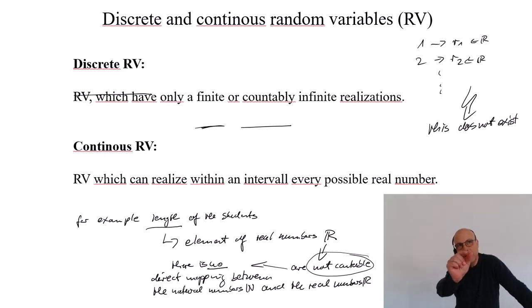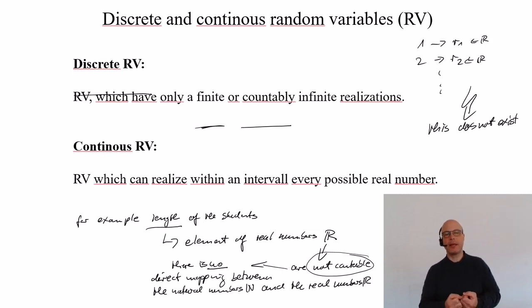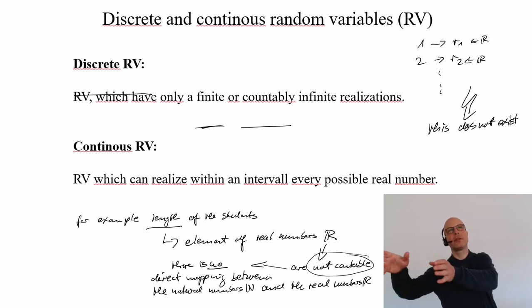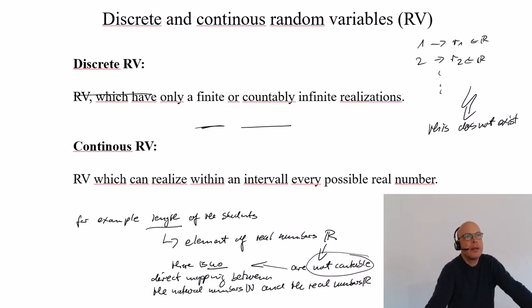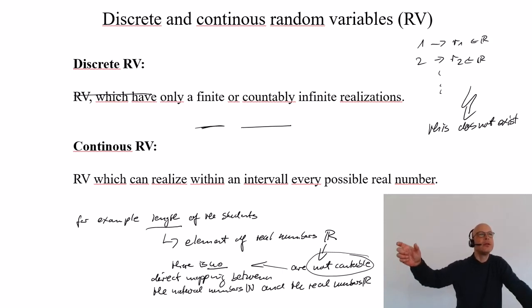Because it could be just slided away by 0.000001. So we cannot interpret anymore the probability of some guy which has the length of 172 centimeters. But what we now are doing is that we are assigning a probability to the realization of a random variable within some interval.